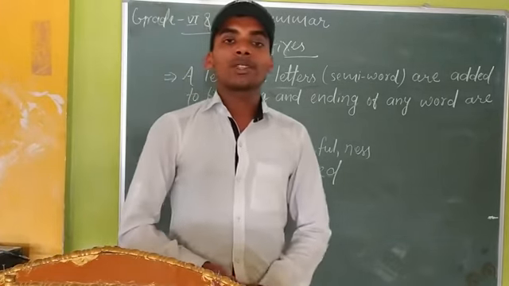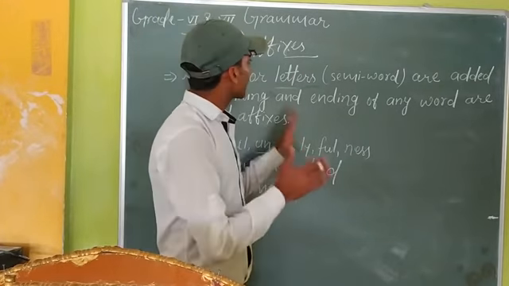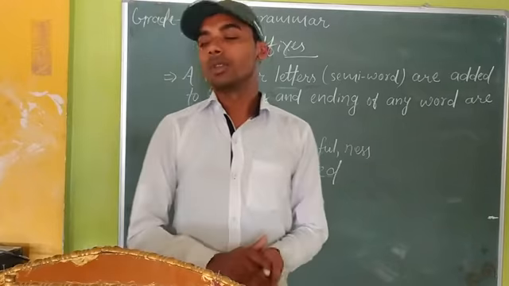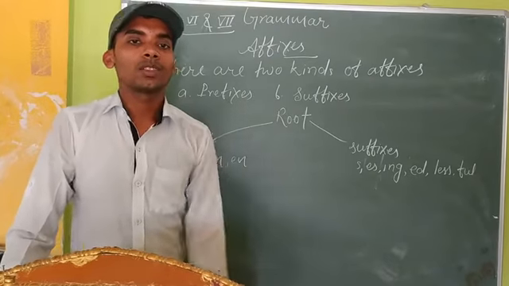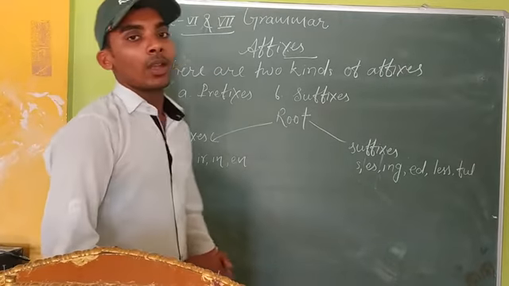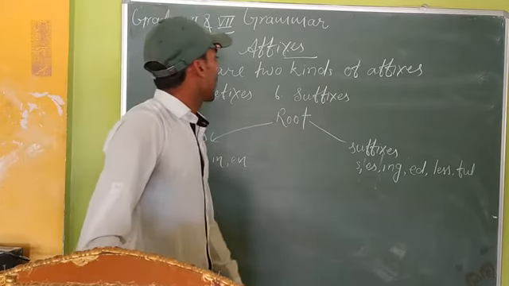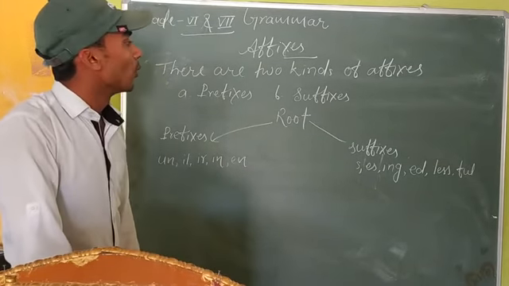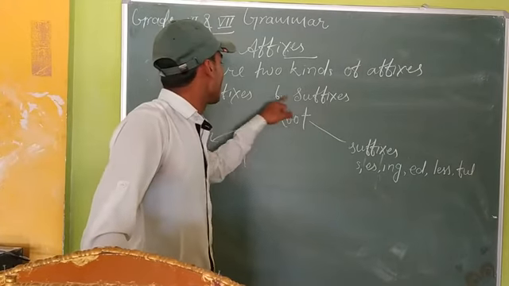Actually, for your better understanding, we are going to study such affixes in depth. Now you will understand shortly. As a matter of fact, you need to understand in what way affixes function. Here you find that affixes function in two ways, prefixes and suffixes.